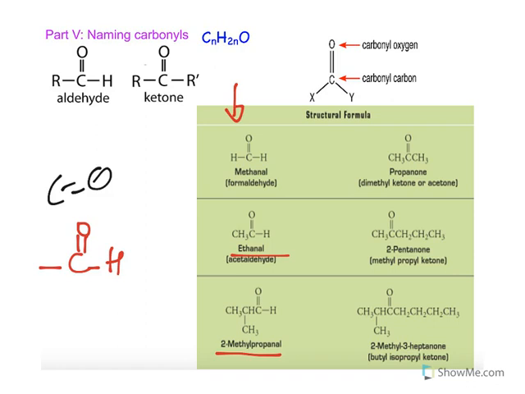Okay, and this number is not included in the name. So we don't have to say 1-ethanal or 2-methyl-1-propanal. We don't number the -al because we know by the rule that this is the carbon that we should start numbering from. So you give this number 1, and the other substituents will take their numbers.